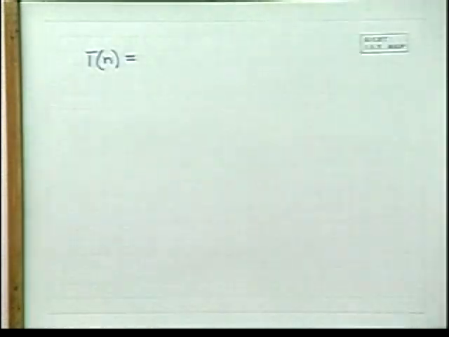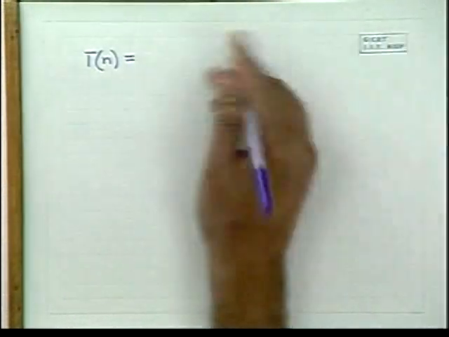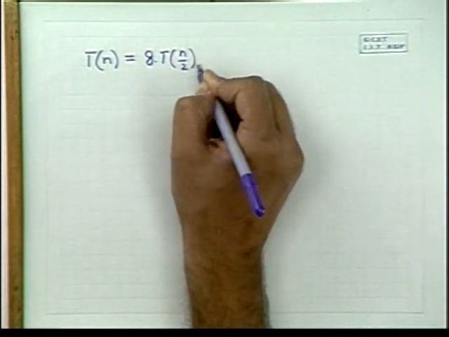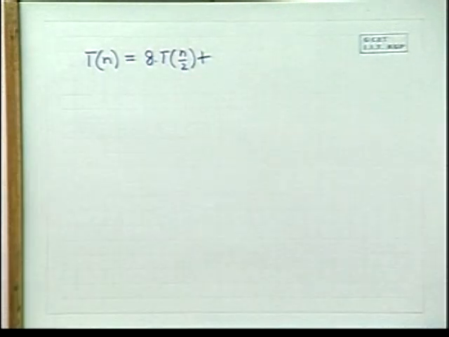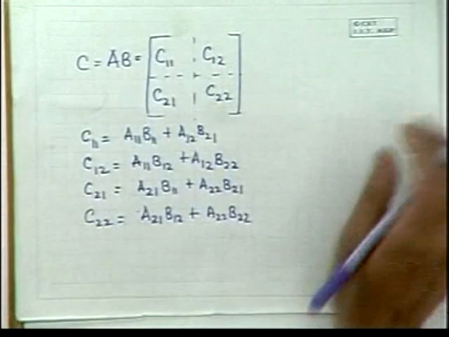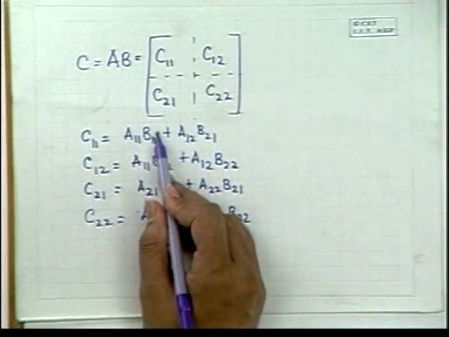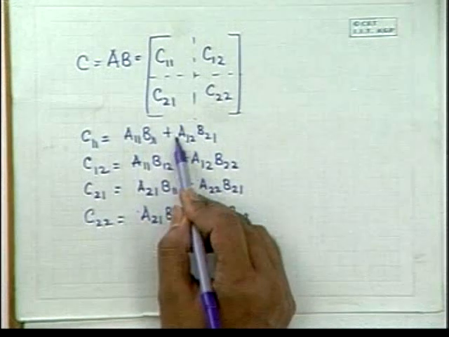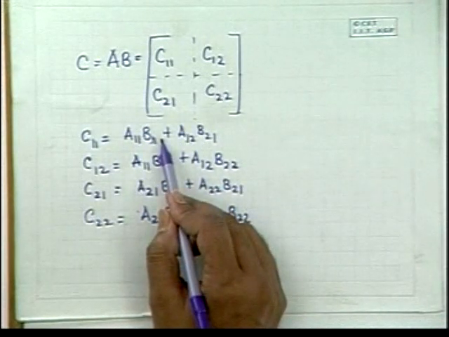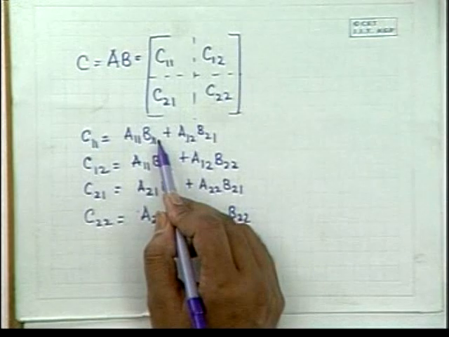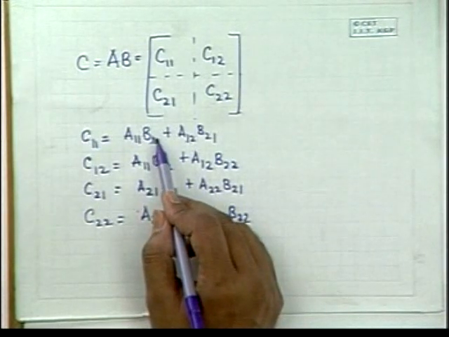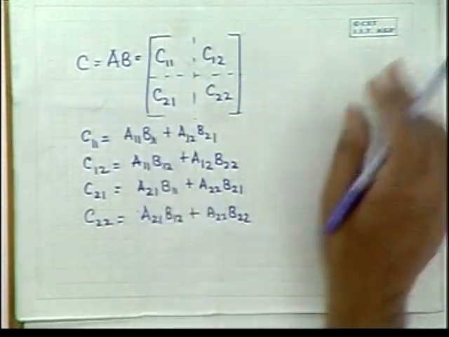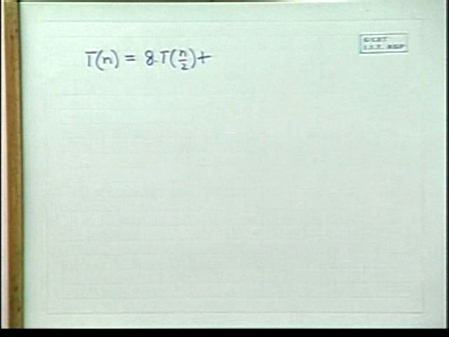So I can write then Tn is equal to 8 times T of n over 2 plus, let us go back again, we have this addition here. So, even if we call recursively for this multiplication, we have to do this addition, which is nothing but adding two n by 2 by n by 2 matrices, and that will require how many operations of additions? Order of n square, because it is n by 2 times n by 2, which is order of n square.